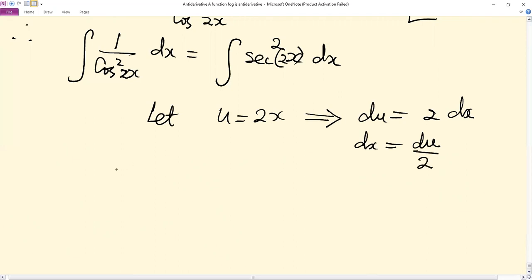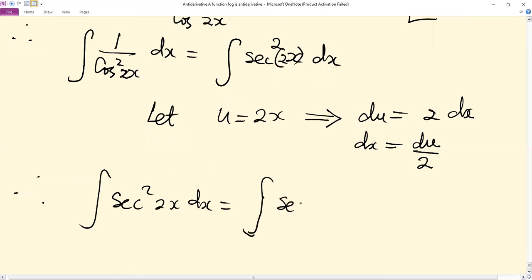This means that the integral of sec squared 2x dx will be the integral of sec squared u times du over 2.